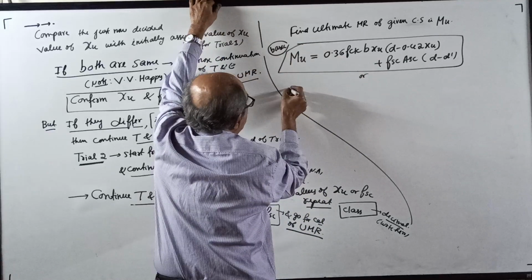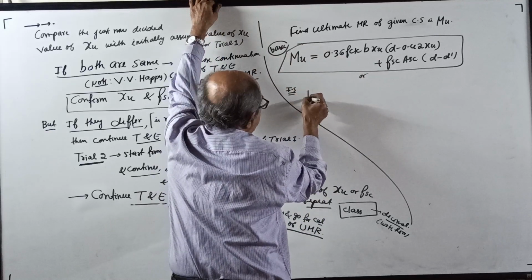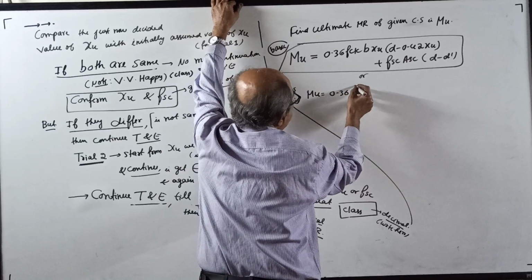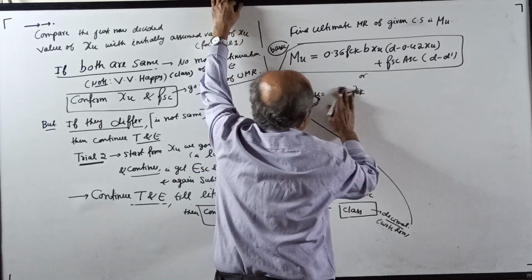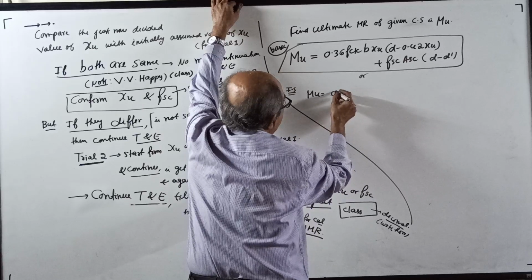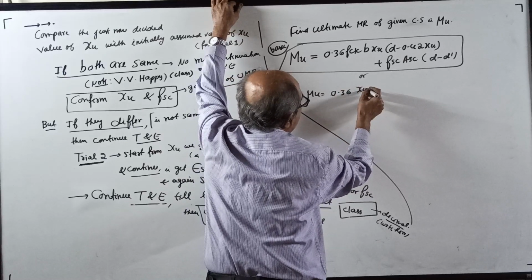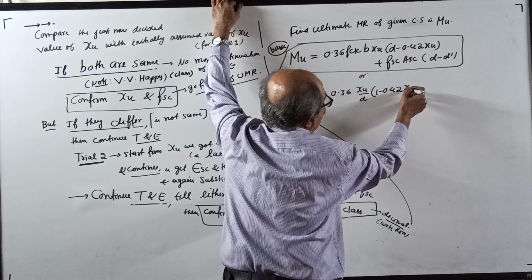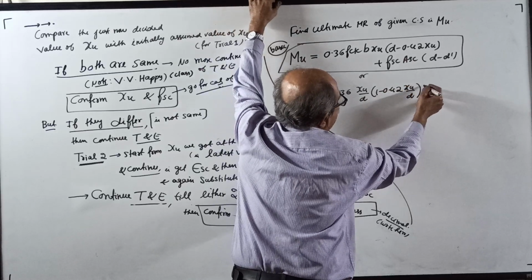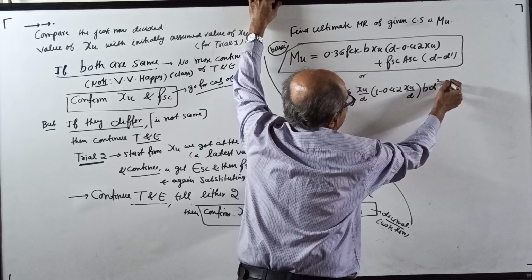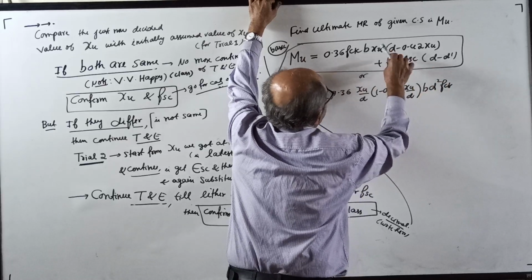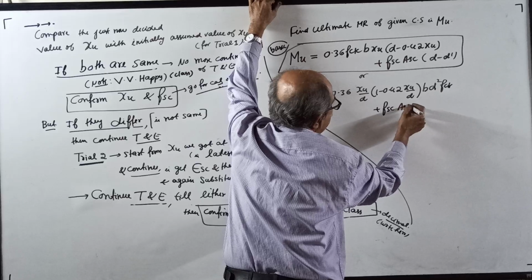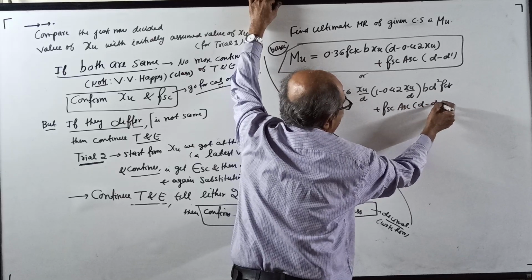Or if you go to the IS code version, both are the same. MU equals 0.36 FCK based on ratio: 0.36 into XU by D into 1 minus 0.42 XU by D into BD square into FCK. This is for that one. The second term is the same, plus FSC into ASC into D minus D dash.